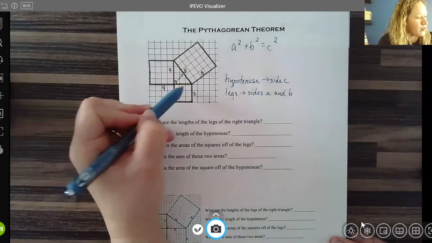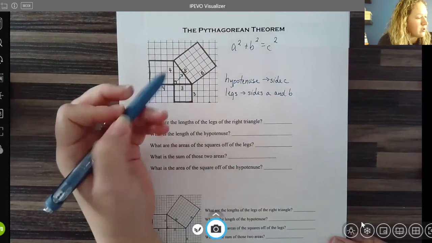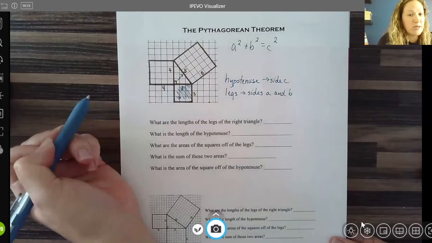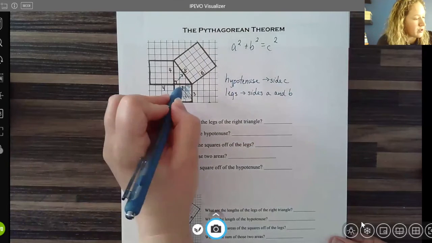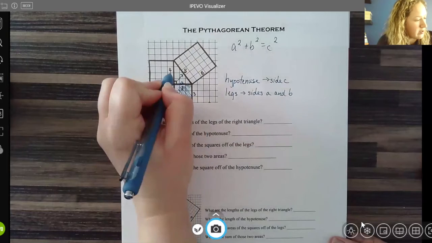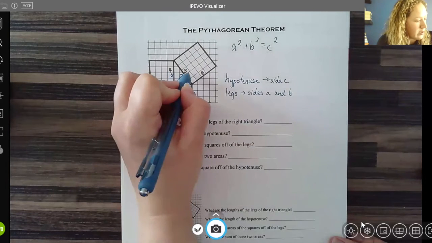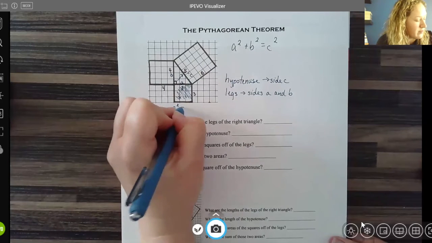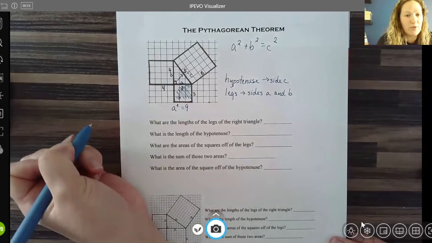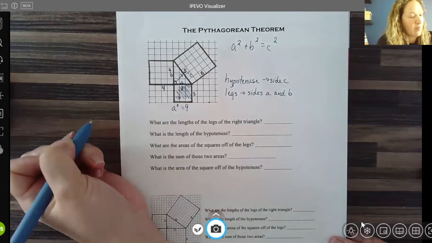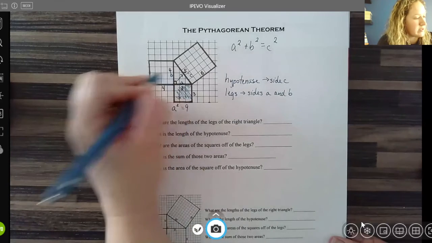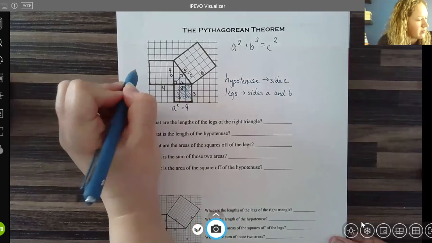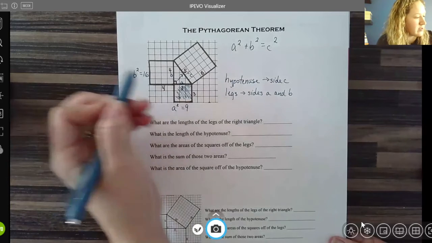And so if my side length is 3, then that 3x3 square has an area of 9. So if this were my side A, I know that A squared equals 9, that 3x3.